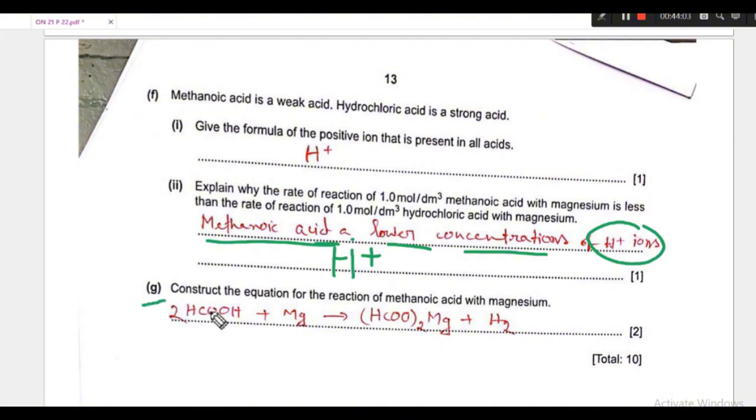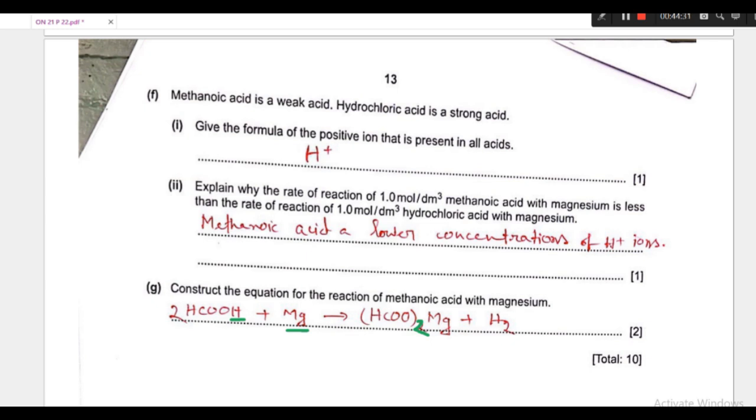Number 3, construct the equation for the reaction of methanoic acid with magnesium. And you know, any carboxylic acid reacts with metal to produce metal salt of carboxylic acid plus hydrogen. So here this hydrogen is replaced by magnesium, balance is 2, that's why I write here 2.